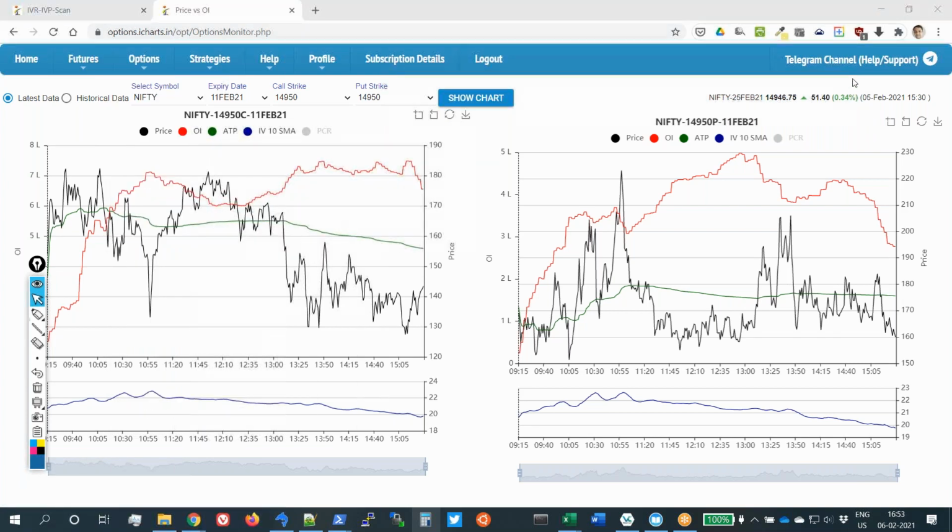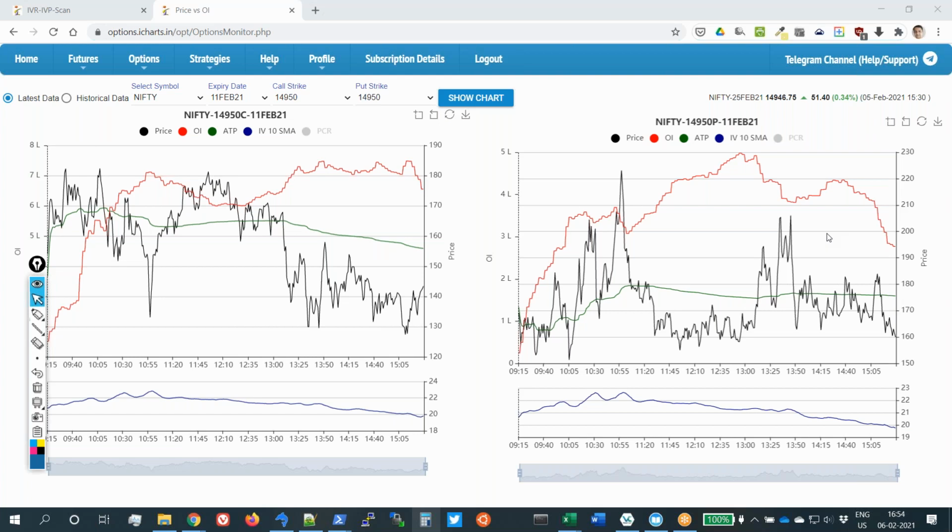Let me get the questions. Just a minute. How to identify stocks with momentum for positional trading on stock options? See, the futures OI scan is one where I had explained how to identify momentum stocks, and you will need the EOD based scan that we'll be releasing soon.